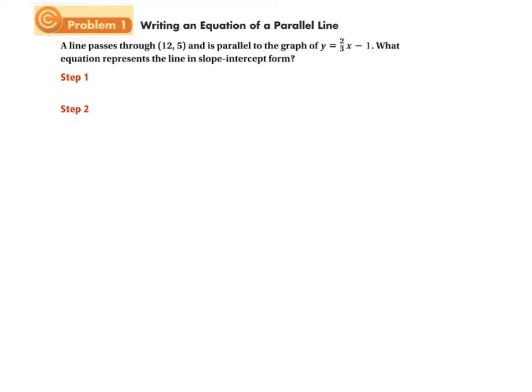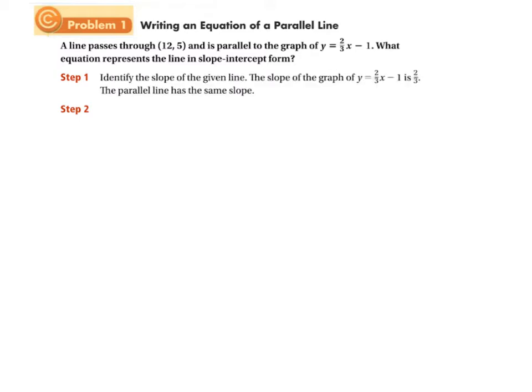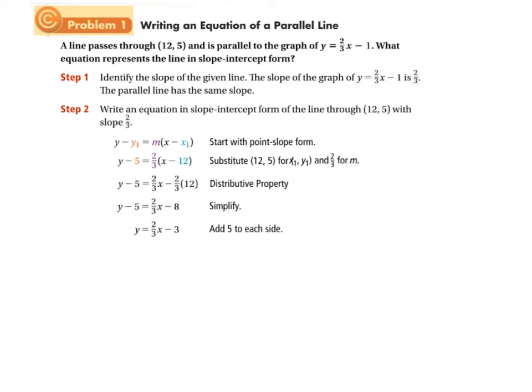Okay, we've learned a couple of ways of doing it. We can use point-slope form. We could actually do it in slope-intercept form, replacing x with 12, y with 5, m with 2/3, and then solve for b. But how do they do it? They say, okay, first identify the slope. And since the other line has a slope of 2/3, our line has the same. What's next?